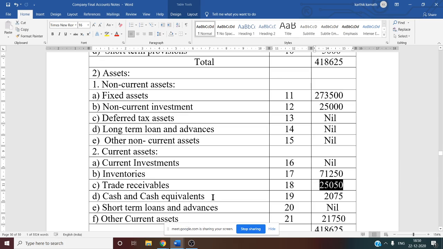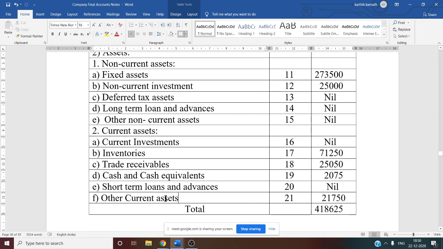Or else you can see the working note, there you will get the amount. Cash and cash equivalent, only cash information, that is 2,075. Short term loan and advance working note number 20, that is not there, nil. Final last other current asset, that is working note number 21, that is 21,750.